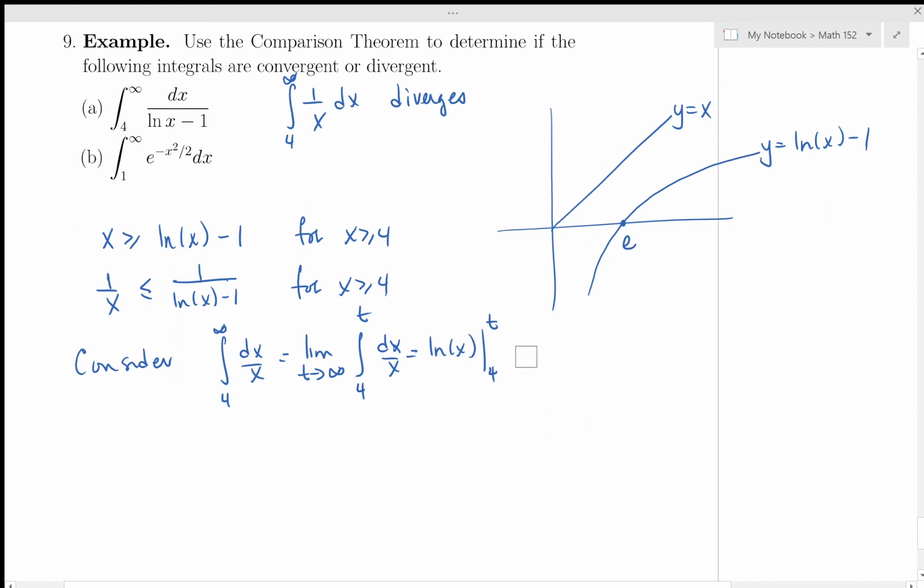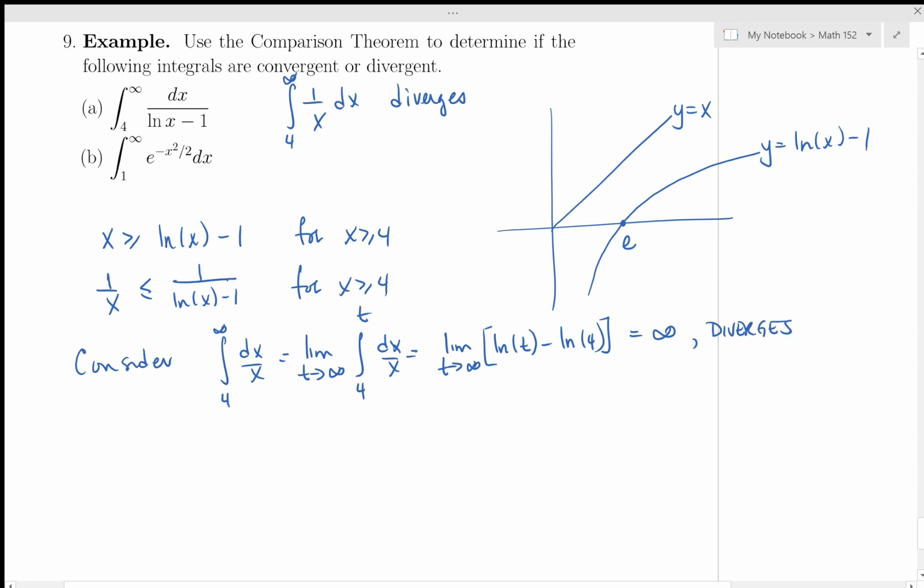Oh, I lost the limit. Shoot, let me fix that. That's careless. The limit as t goes to infinity of log t minus log 4. When I take that limit, that's infinite, so this diverges.